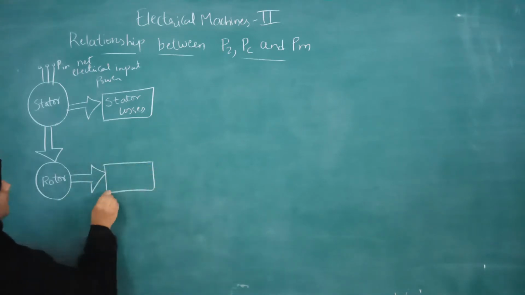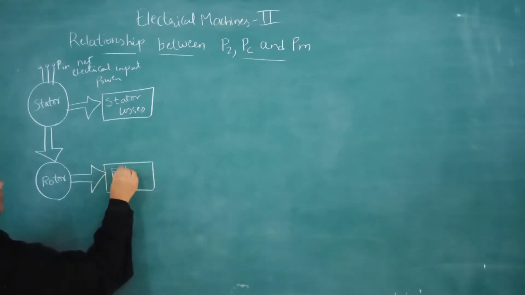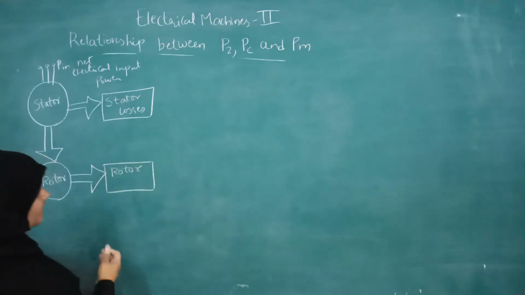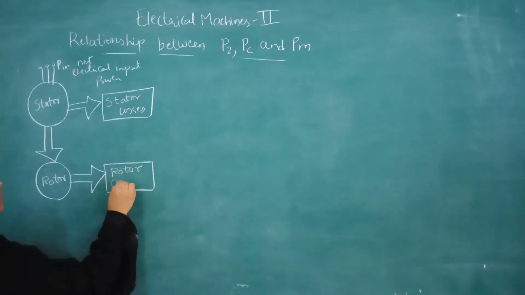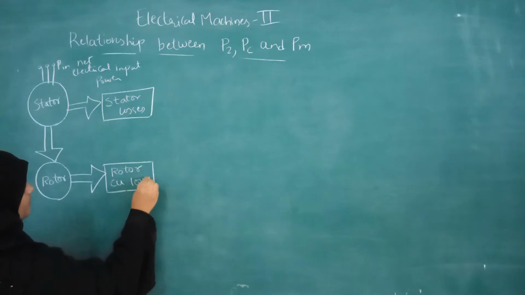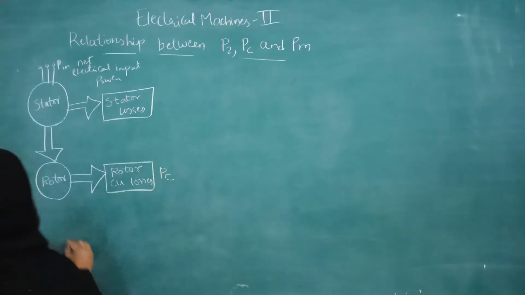Here rotor has to supply rotor copper losses. So rotor iron losses are neglected, that's why we are taking into consideration only rotor copper losses. This is denoted by PC.